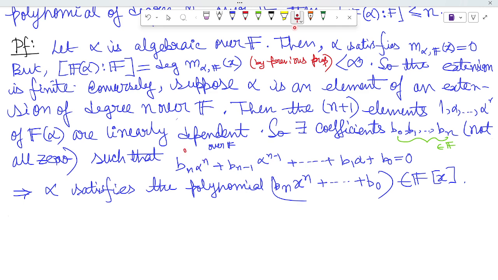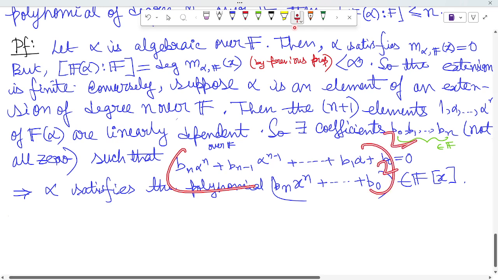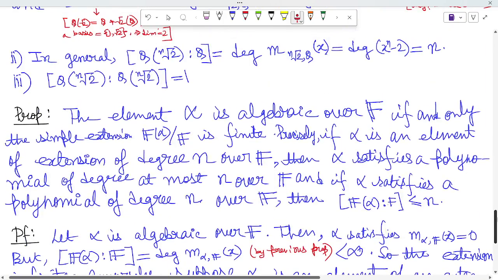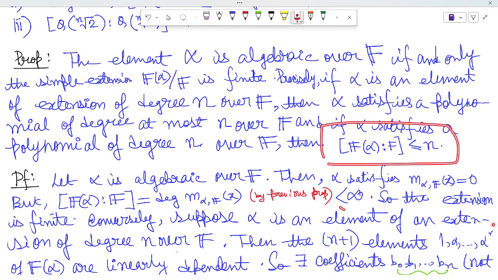I can produce a higher degree by squaring this. So in either case, what we need to prove is the degree of the minimal polynomial.